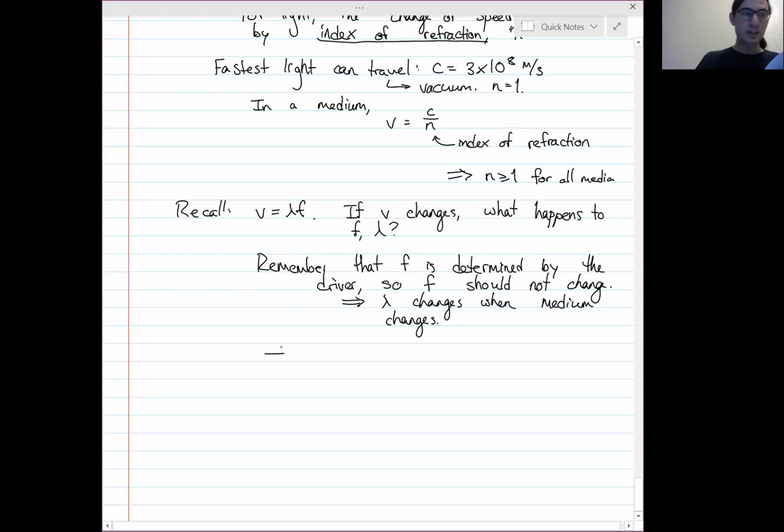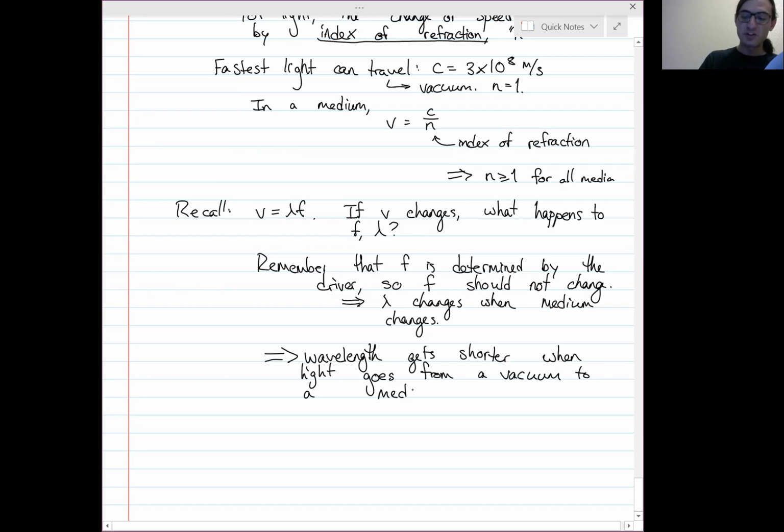So what we find is that the wavelength gets shorter when light goes from a vacuum to a medium, because the speed of light gets smaller, and so lambda has to get smaller to compensate.